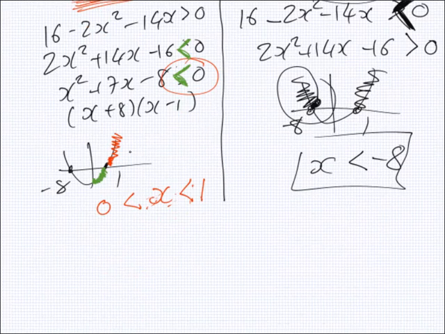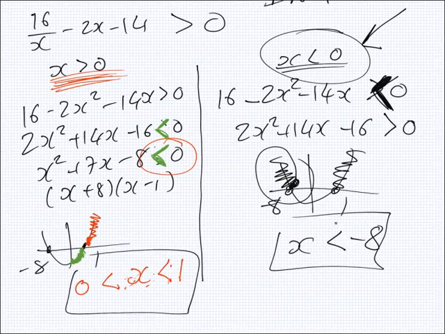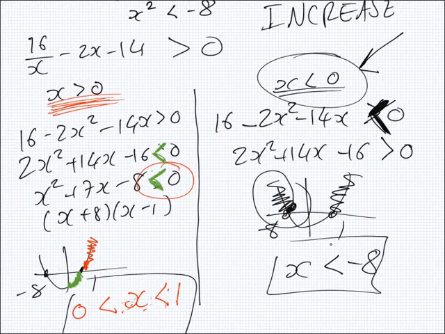So, to put these two answers together, we're saying that the function is increasing between 0 and 1, and it's increasing if it's less than minus 8. Yes? Let's check the graph to see if that works.